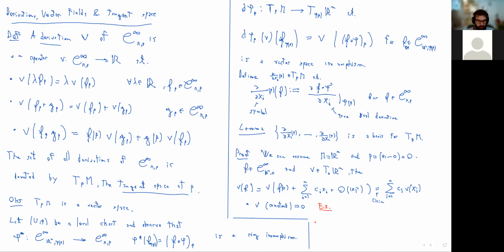Then, V of c_j x_j is c_j times V of x_j, and this is trivial, it's just linearity. It's this first condition here.